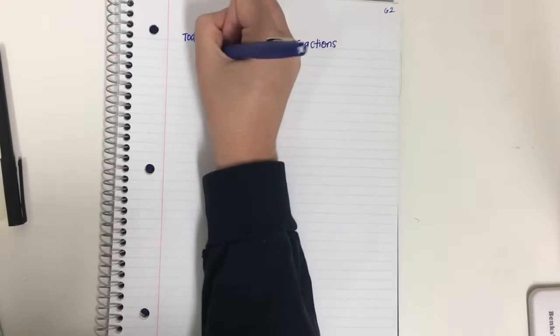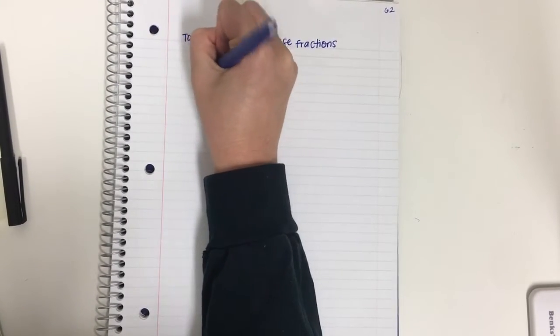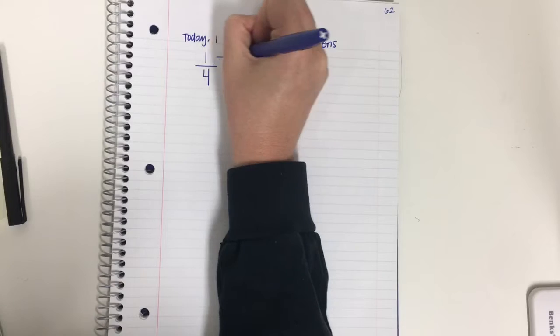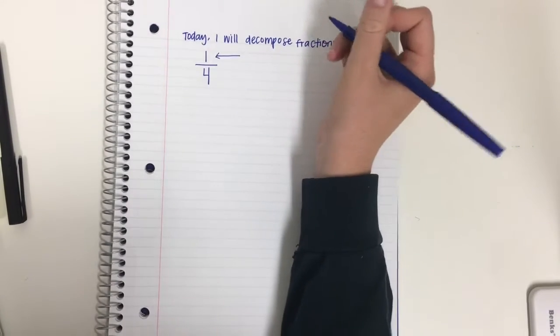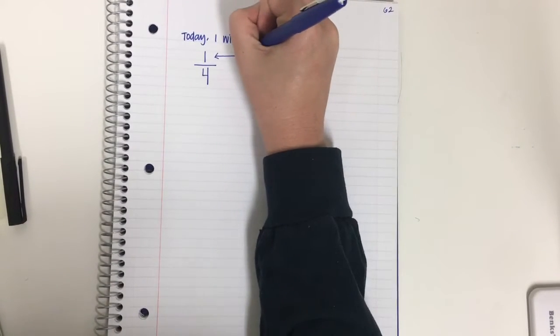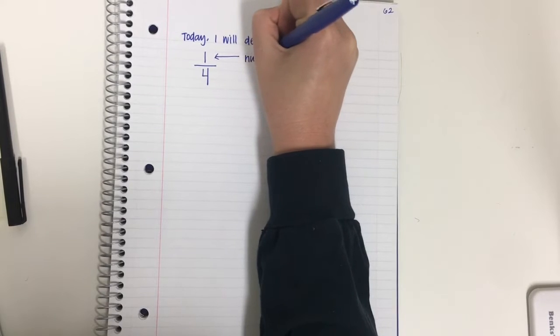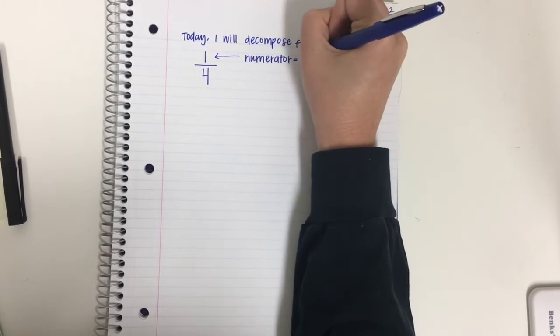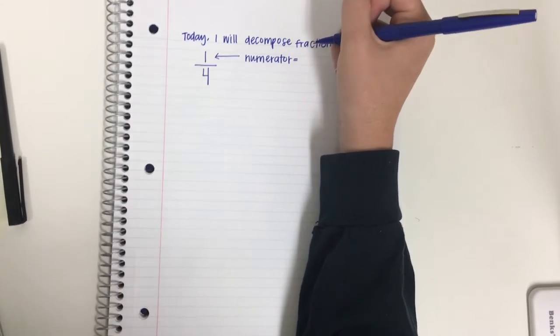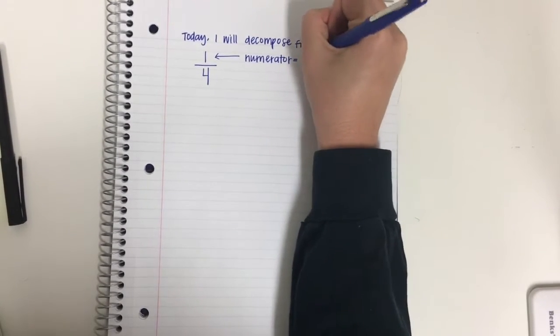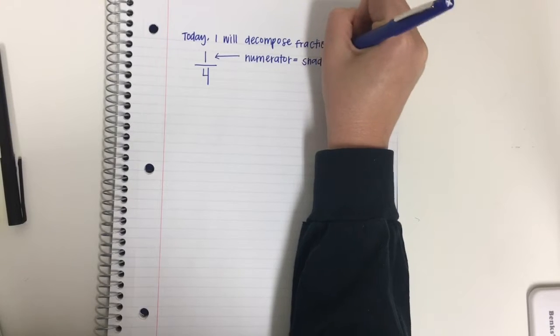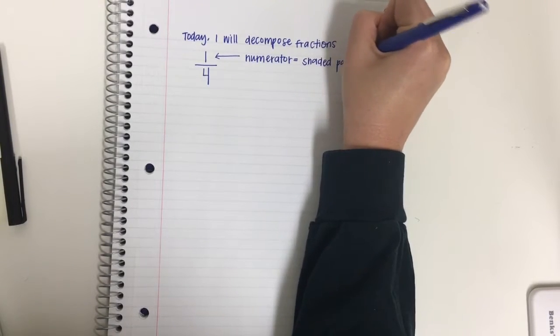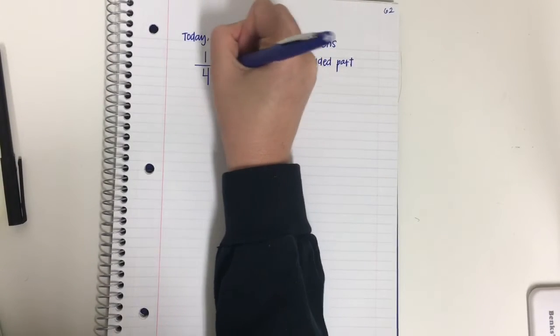Okay, let's review. 1/4. The 1 is my, what do we call that number? Numerator. Good. And the numerator is what? How many pieces we have that we took. So it's our shaded part. Then on the bottom, we have what?